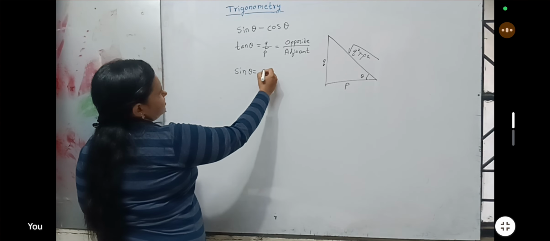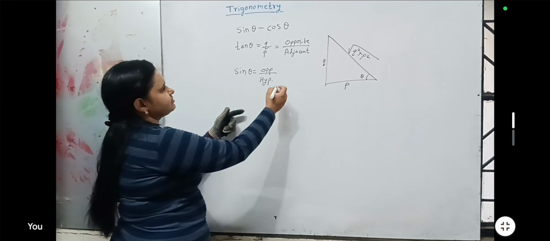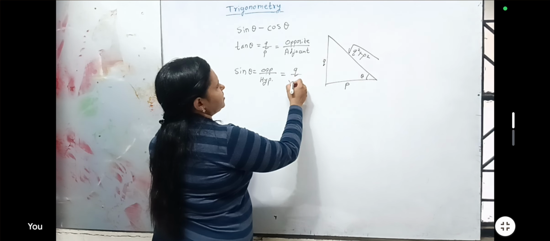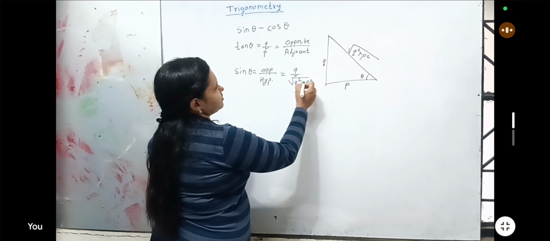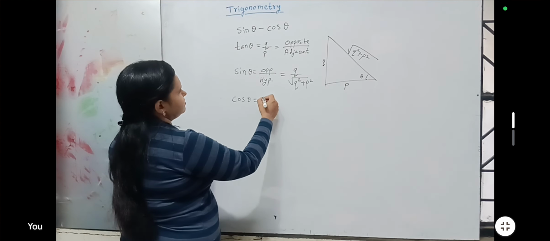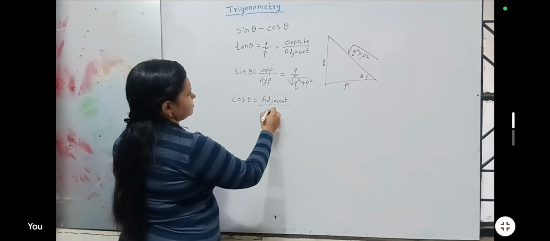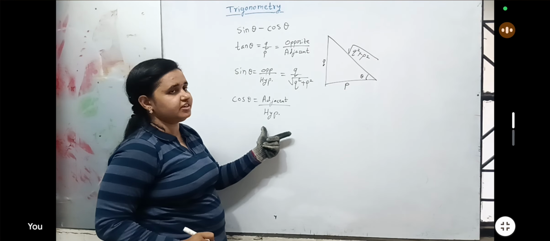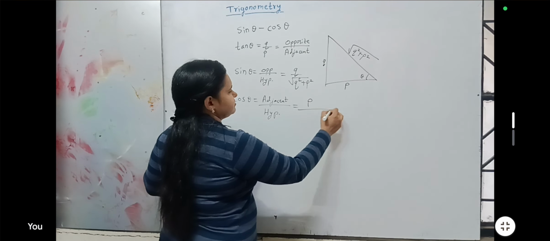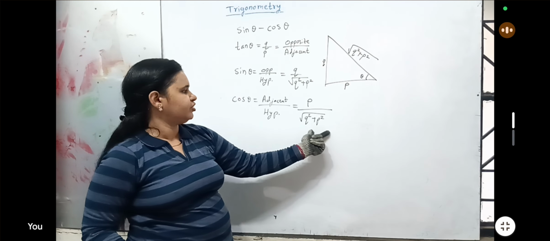Again sin theta is opposite upon hypotenuse. Here the opposite side to theta is q and hypotenuse is under root q square plus p square. Cos theta is adjacent upon hypotenuse. So adjacent side to theta is p and hypotenuse is under root q square plus p square.